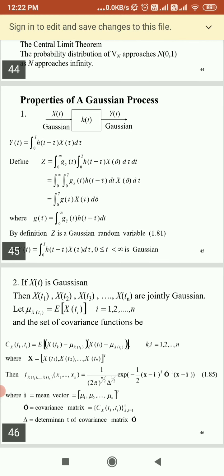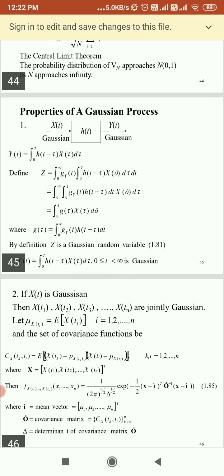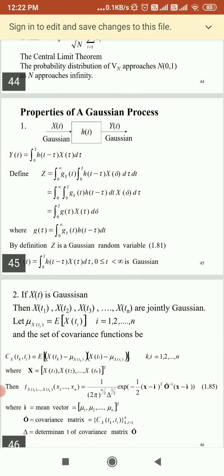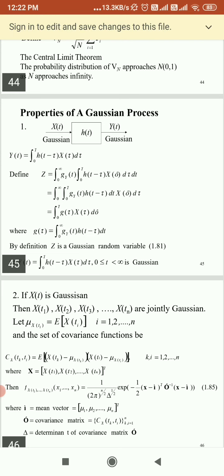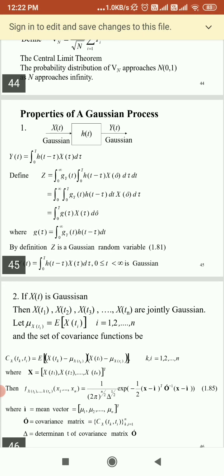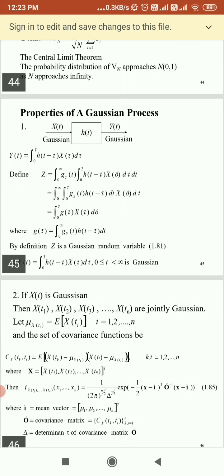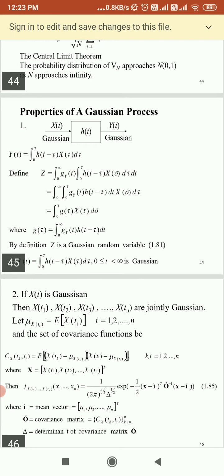How? If we are considering y of t, we are supposed to take the output in the form of the impulse response. So here we are giving the Gaussian process as input to the stable linear filter. So we can take the output as the response of the filter.